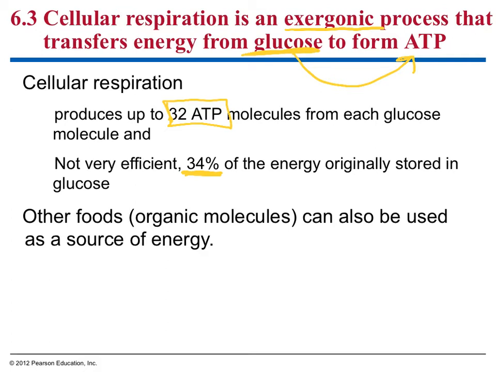So when we're converting the energy in glucose to ATP, we only really get about 34% of that total energy from glucose converted to ATP.